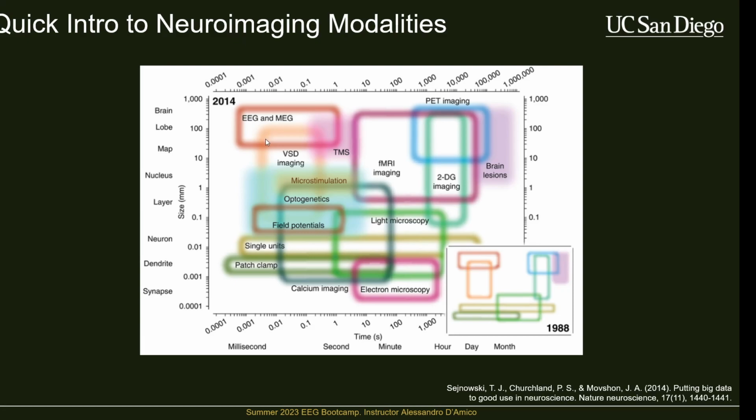So let's look at something like EEG. We see that EEG is in the top left corner. This means that its spatial resolution, it's getting bigger and bigger, is not that great, right? It looks like we're in this rectangle that's imaging somewhere between maybe a little smaller than a lobe to things at the whole brain region.